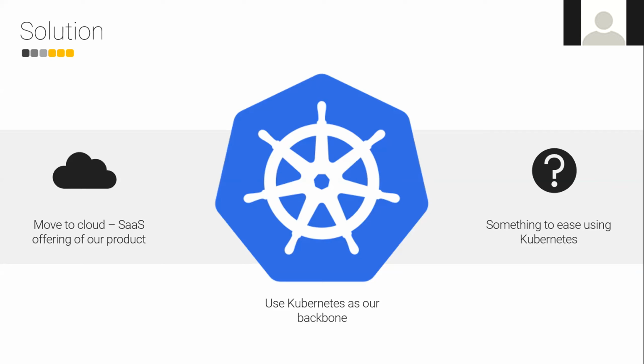And what we came to learn was that Kubernetes was the de facto solution for cloud nowadays. And Kubernetes being an open source product, being backed by enterprises worldwide, was a big benefit for us.